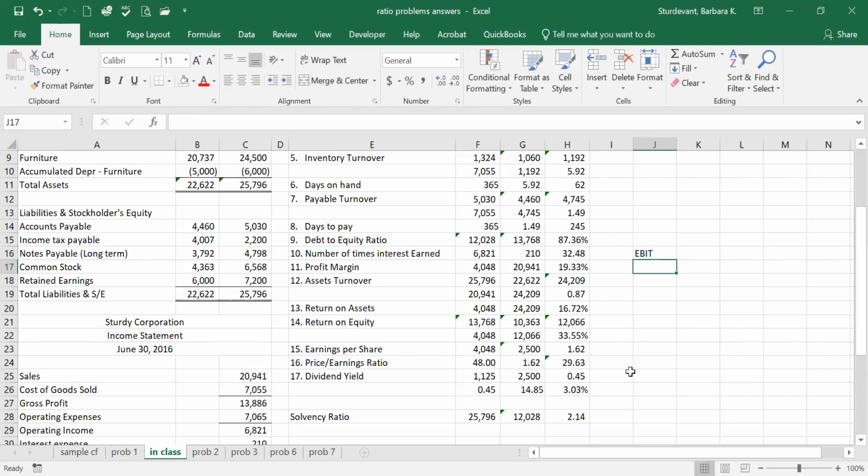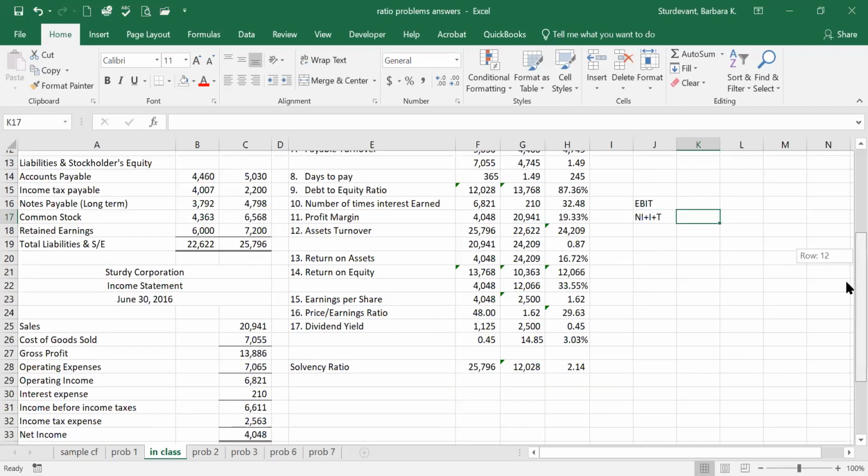What I suggest you do with this one is that your top number, and this is the way it is on your sheet, is your net income plus interest plus taxes. And then you don't have to worry about how your income statement is set up.